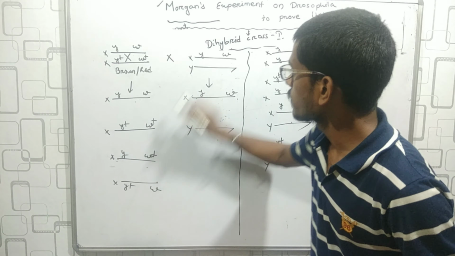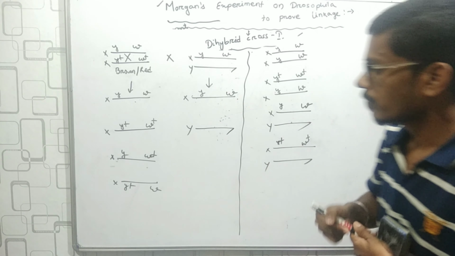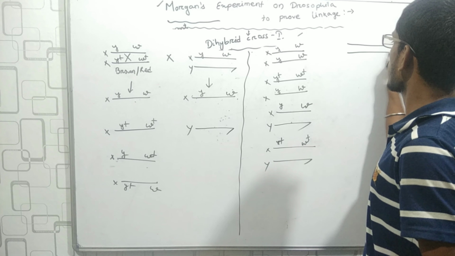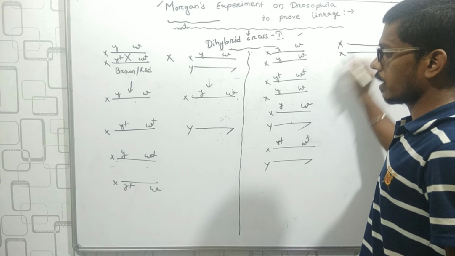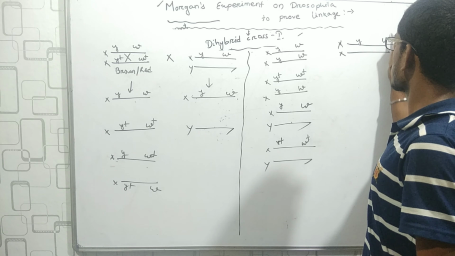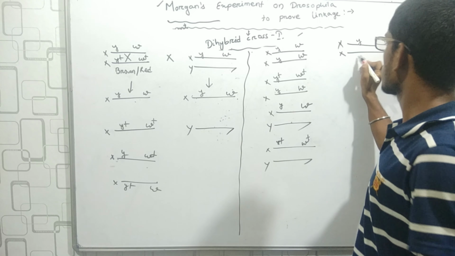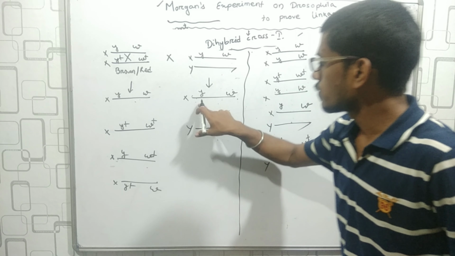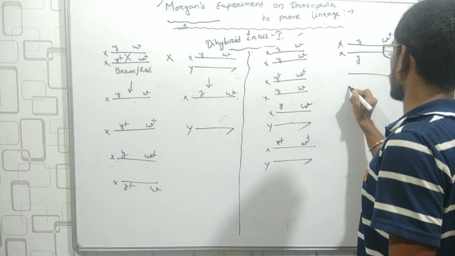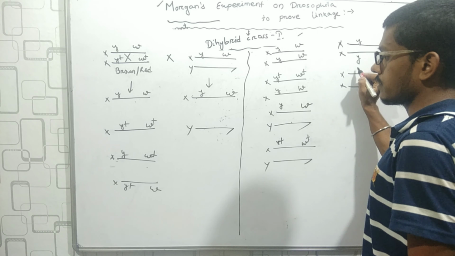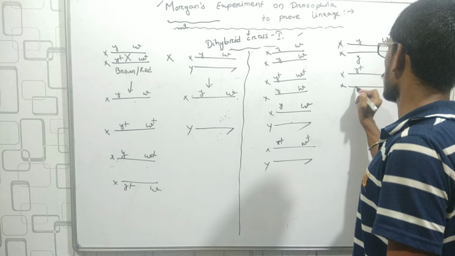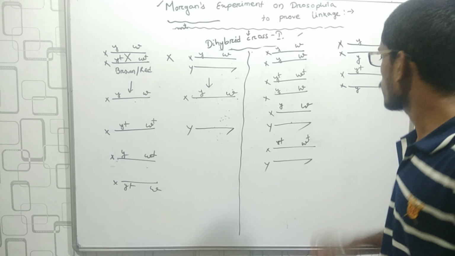If we cross between this and this, then what will be the result? X and X, and small y, small w plus, and this is small y w. Then if it is fused with this, then XX, this is small y plus W, and here small y, small w.